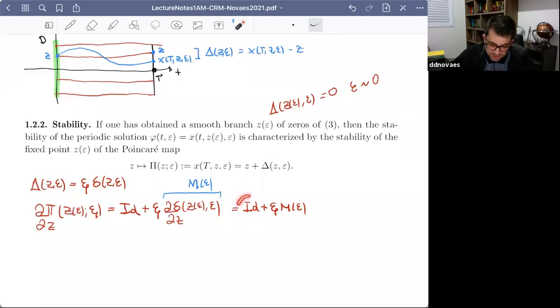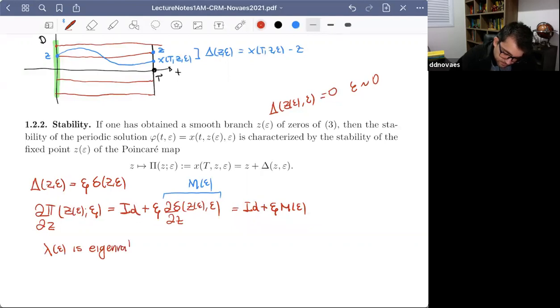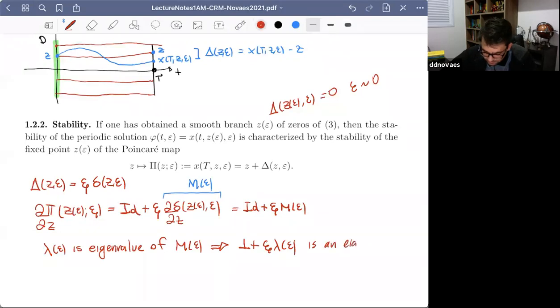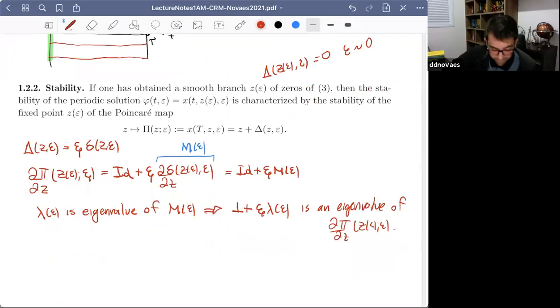If lambda epsilon is an eigenvalue of M epsilon, then 1 plus epsilon lambda epsilon is an eigenvalue of the Jacobian of the Poincaré map at (z_epsilon, epsilon).